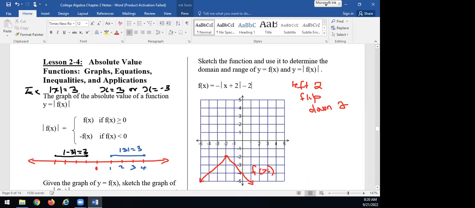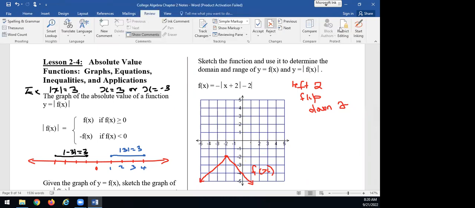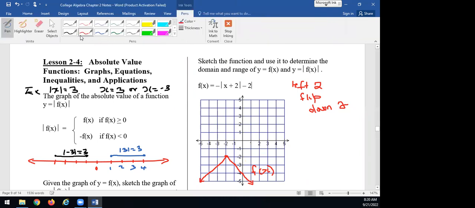Now to get the absolute value, we're going to change all negative y to positive. So let's label the point with a different color, so you can see exactly what's happening. I'm going to use black. All right, so these are the points that we have.